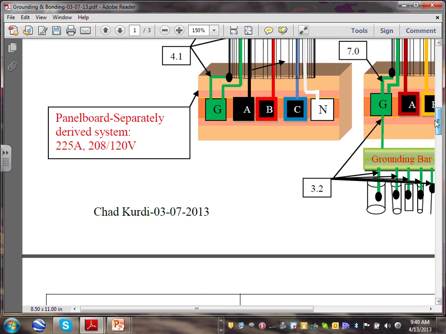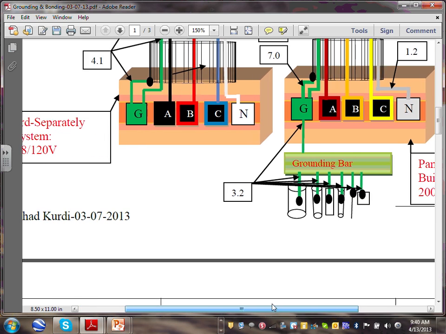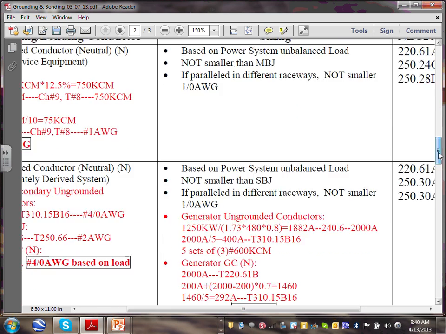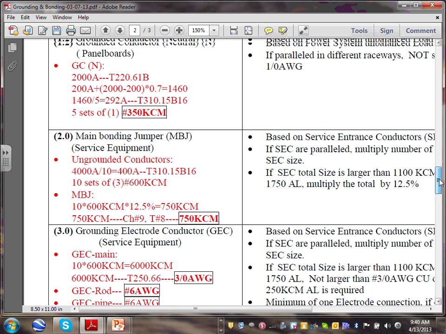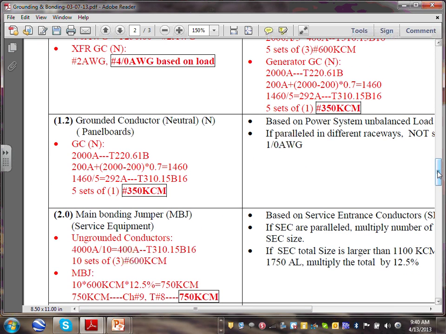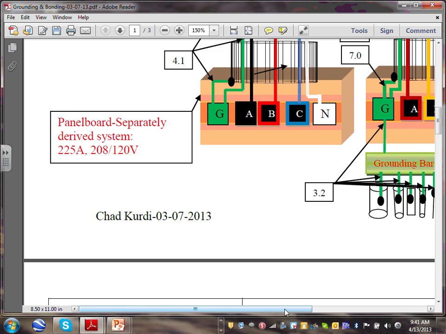We are in 1.2 for the same panel, right? Yep. So we size the neutral, guys, based on the rating. I took the 200 amp; anything higher than 200 amp, cut it by 0.7. You end up with 350 kcmil for that neutral.